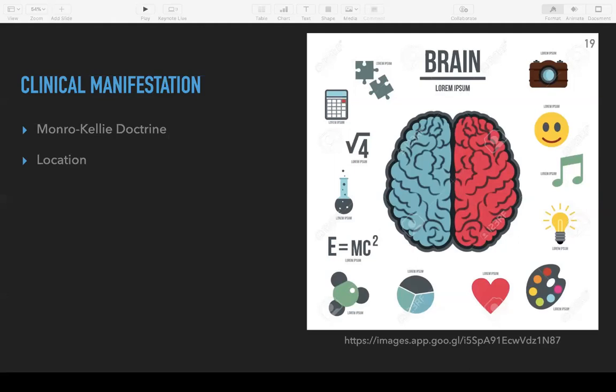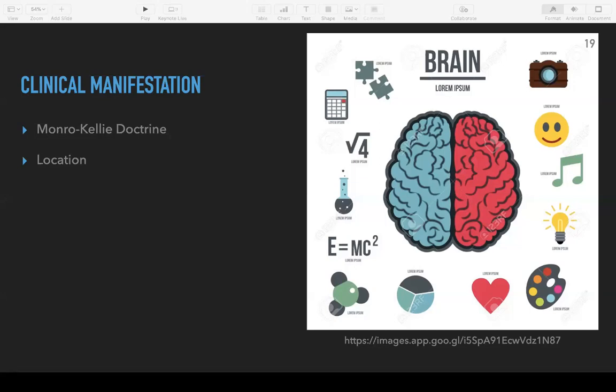So if the lesion is in the dura, usually it will cause headache because the dura is sensitive to pain. So with the stretching effect, he will have headache.